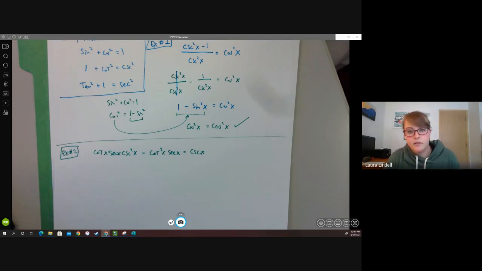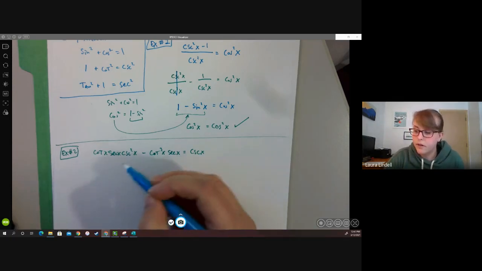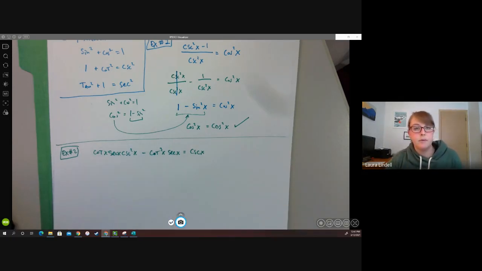So something like this, in a lot of cases, there are multiple routes you could take. Sometimes it's helpful to factor things out. Like if you notice a greatest common factor amongst your two terms over here, you can factor that out and see what that leaves you with. So we're going to try that on this one.